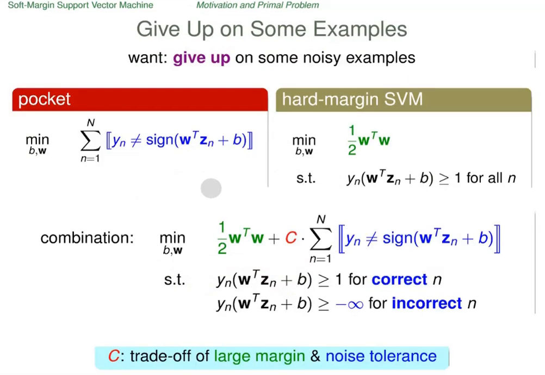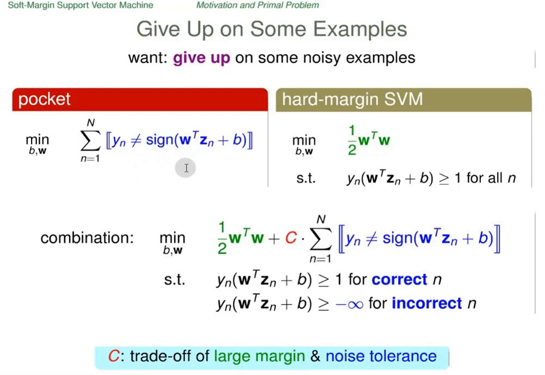Recall that the main idea of Pocket PLA, Pocket Perceptron Learning Algorithm, is to minimize the following error function. This is the 0-1 error function. Also recall that the Pocket PLA tries to give up some noisy examples, since the original perceptron is not able to separate data that is not linearly separable.